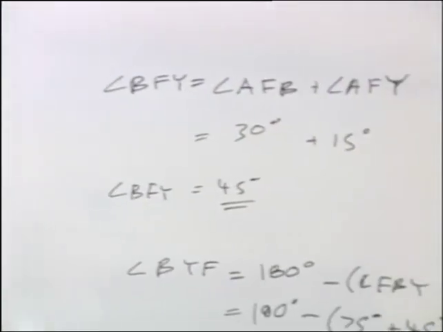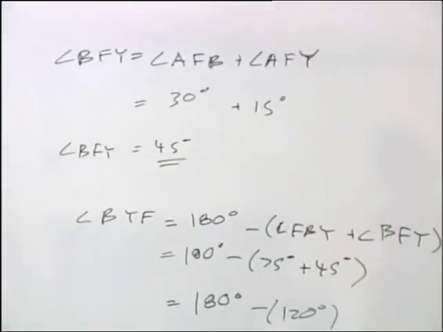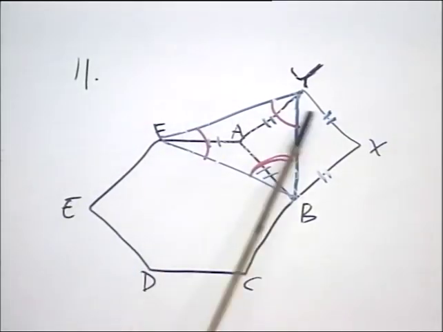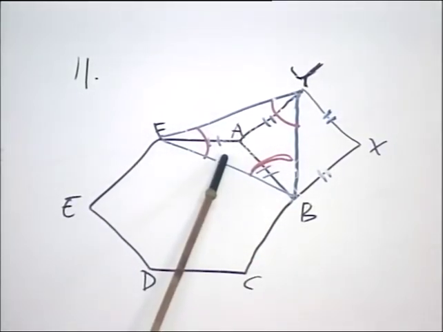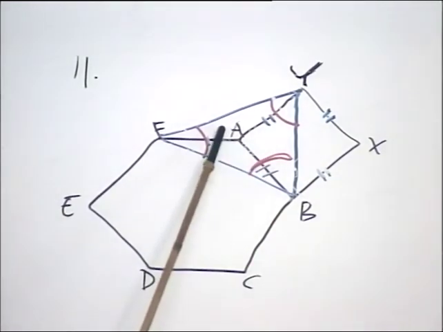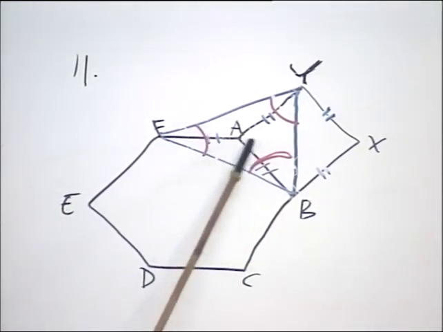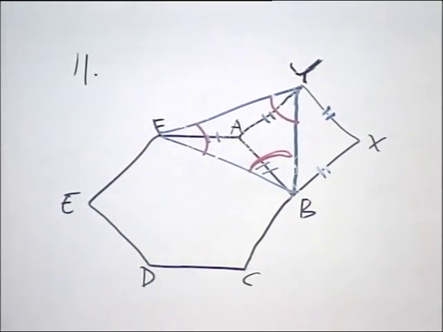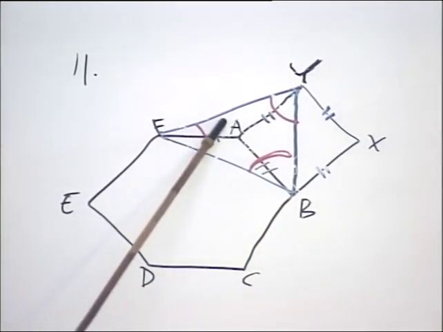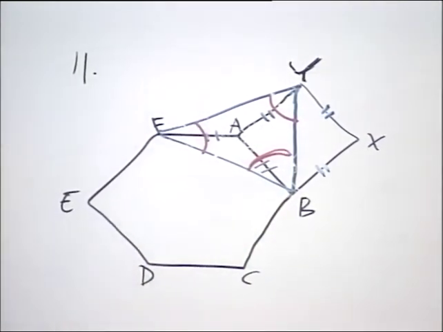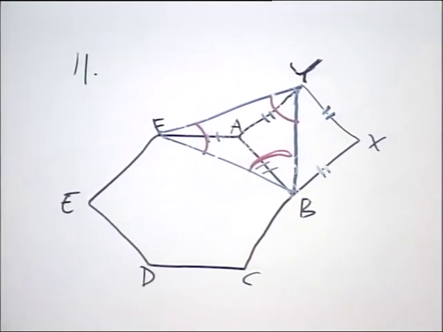What about this one? Angle BFY. We know that this is 30, and this is equal to this now. If this is 120 and this is 90, subtract from 360 degrees, which is 210, you'll get this one, which is 150.